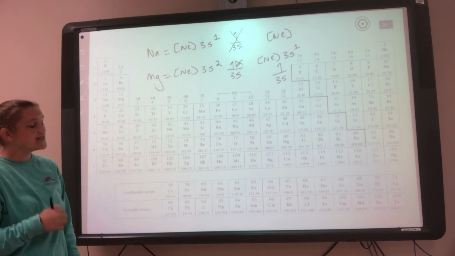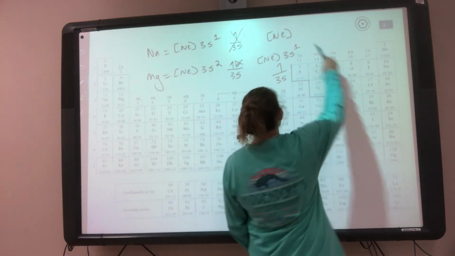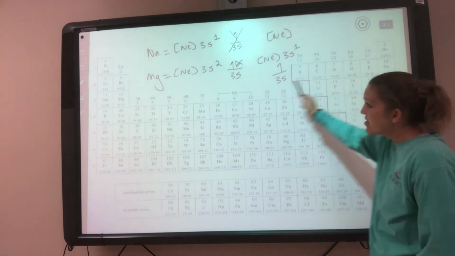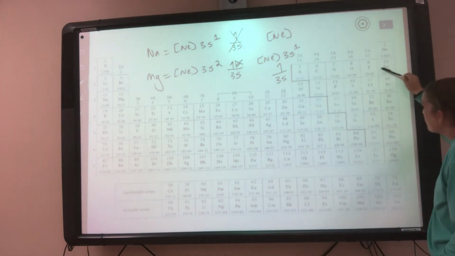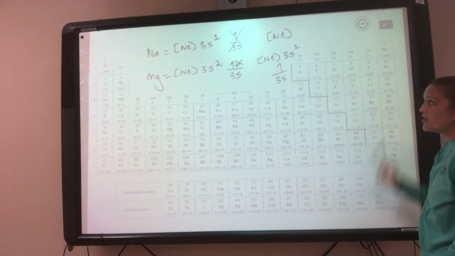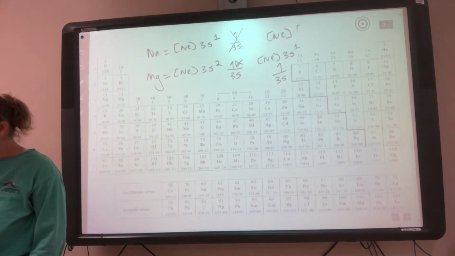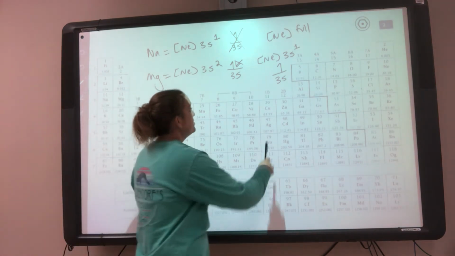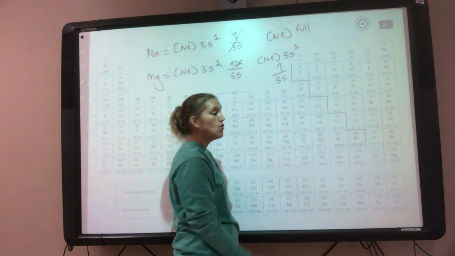So now if I do a second one, which one's going to be harder? Let's talk about what sodium is. It's neon, which means its 2s orbital is completely full and its 2p orbital is completely full. And remember, it's a noble gas, so it really doesn't want you to remove an electron. It is full, it is happy. Now, for magnesium, once I remove the first one, this orbital is only half full.